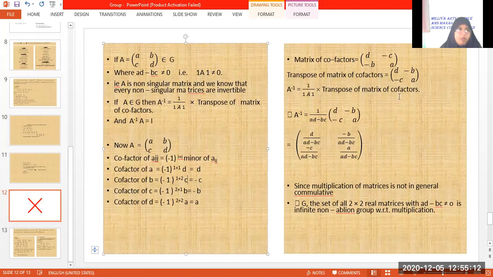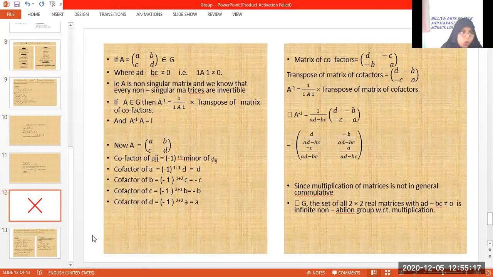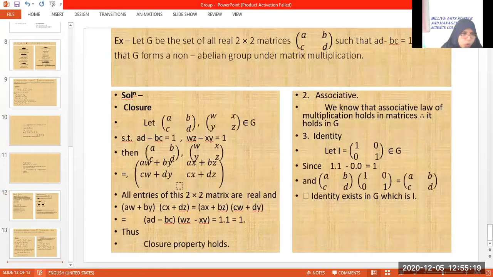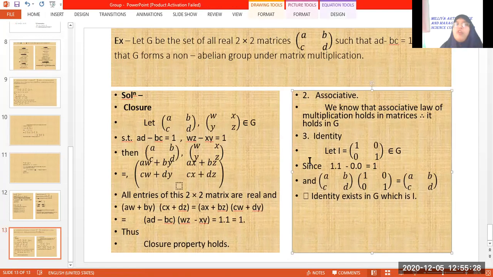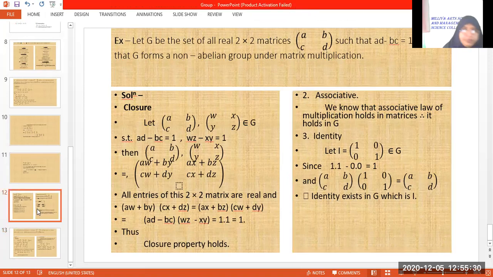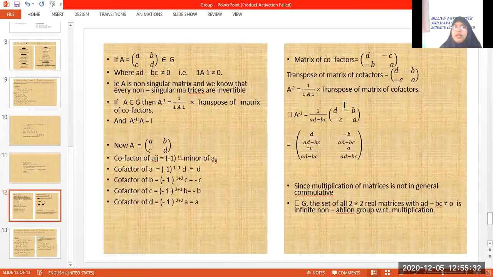Transpose of matrix of cofactors is D, -B, -C, A. And inverse of A is equal to 1 upon determinant of A into transpose of matrix of cofactors.